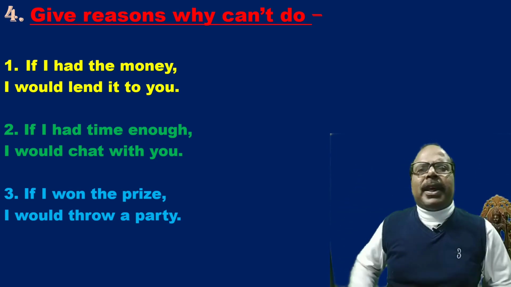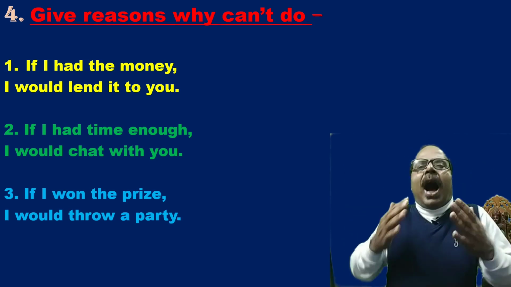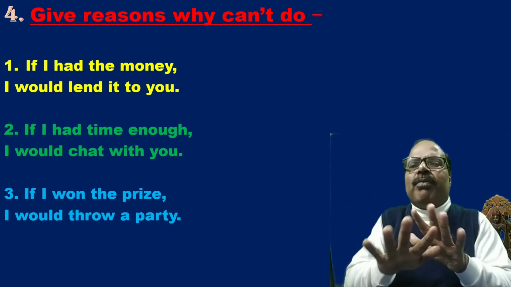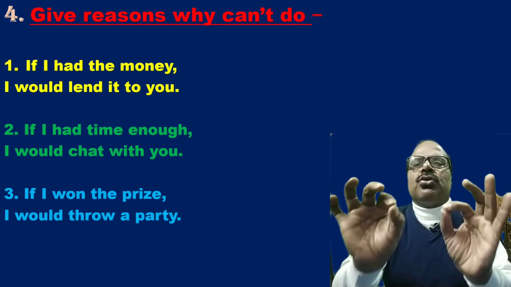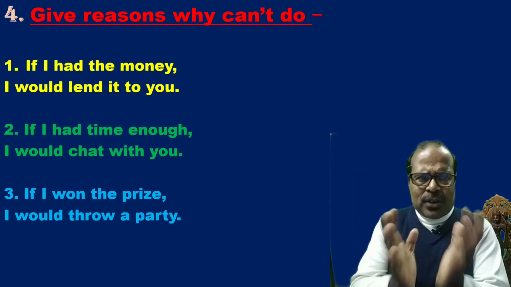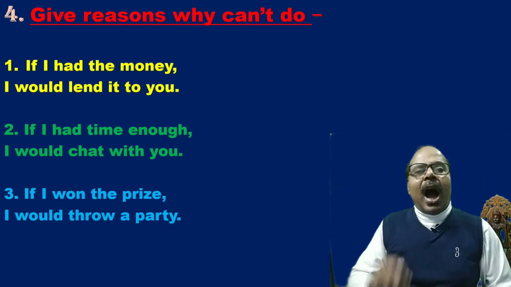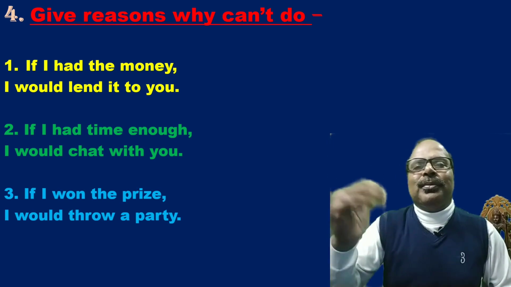Somebody came to me to borrow some money. I perhaps didn't have money, or I didn't want to give money. And I said to him, if I had the money, I would lend it to you.